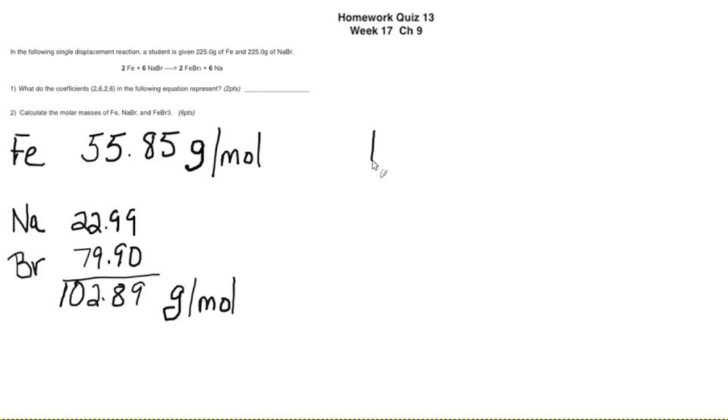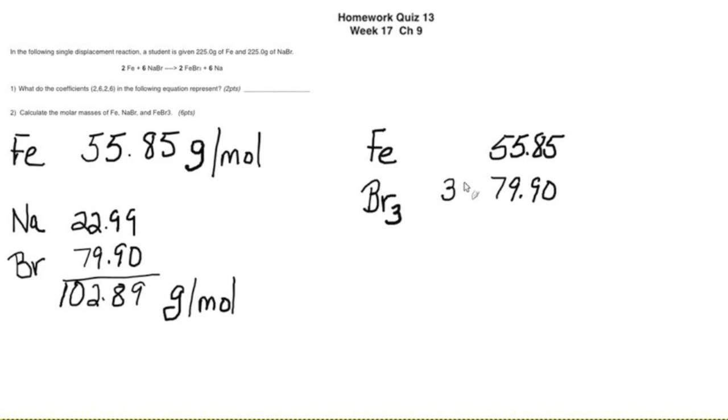And then the other one is iron bromide. It's actually iron 3 bromide. So the weight of iron, as we already know, is 55.85, and the weight of bromine is 79.90. And we have to multiply that by 3 because we actually have 3 bromines. So when we do that, we get 55.85 plus 79.9 times 3 is 239.7.